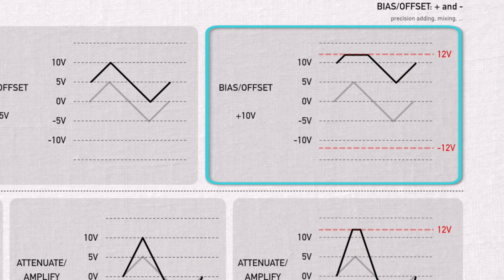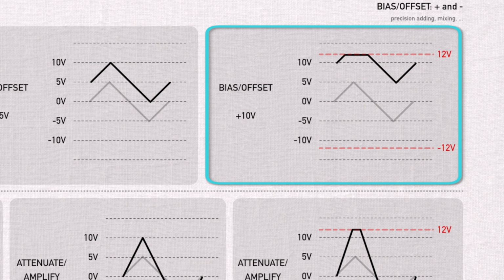And again, the gray line is representative of where the wave was when we started. And then the black line shows us where we end up. So this is very similar to the previous situation, but instead of shifting the wave 5 volts upward, we're now shifting the wave 10 volts upward.